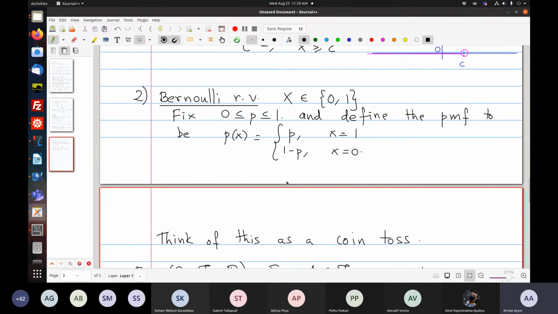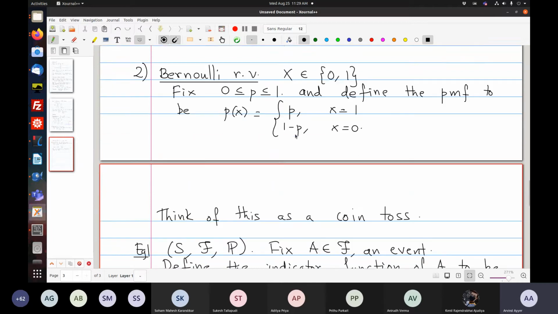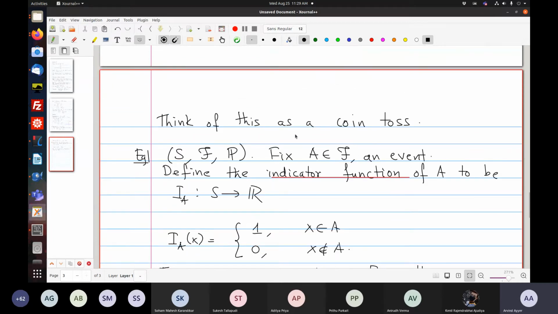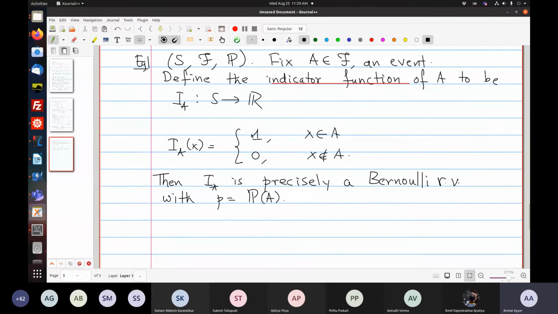One way of thinking of Bernoulli random variables is as successes and failures. Some random event happened, and you want to say it's a success or a failure, and we call p the success probability. So what is the probability that you succeeded?